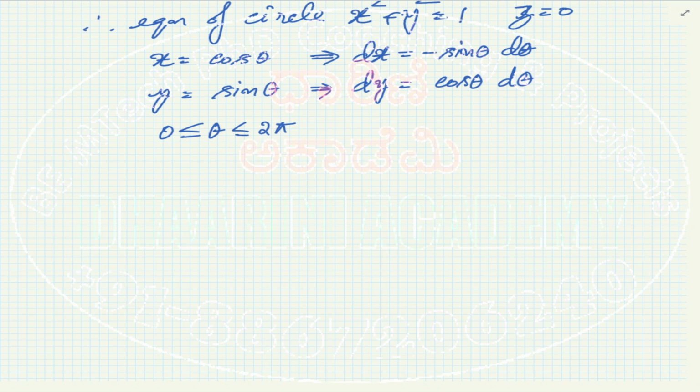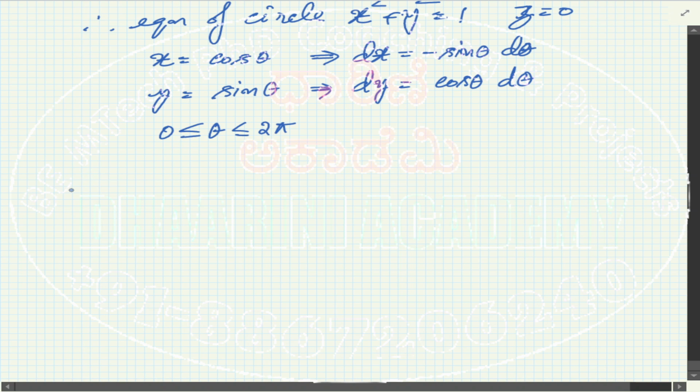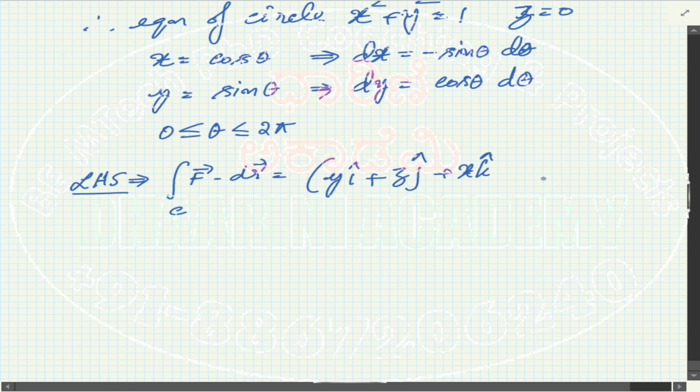Let us start with the left hand side of the Stokes theorem. The left hand side is the integral over C of the vector F dot dr, where F is y i cap plus z j cap plus x k cap, dotted with dx i cap plus dy j cap plus dz k cap.